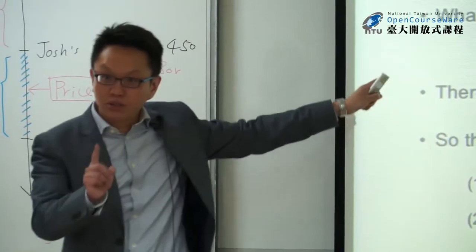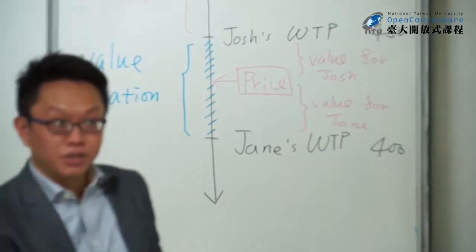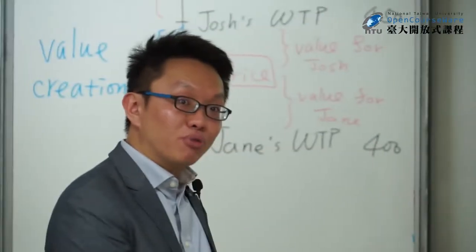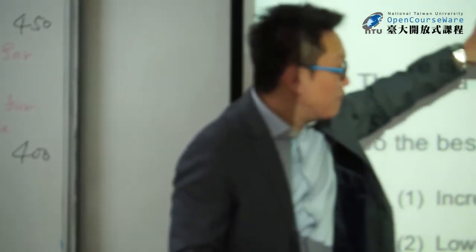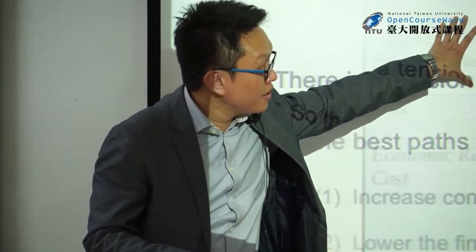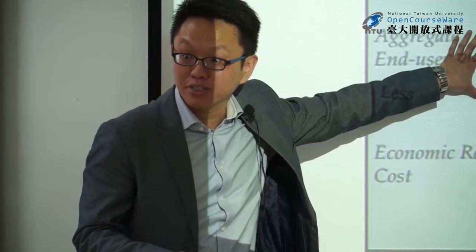In most business model classes, they tell you to increase customers' utility, so have more functions or be more innovative in your products, and then try to reduce your cost. So this is the conventional business model taught in the school. But we do not focus on this. We focus on this. Can you see the subtle difference?